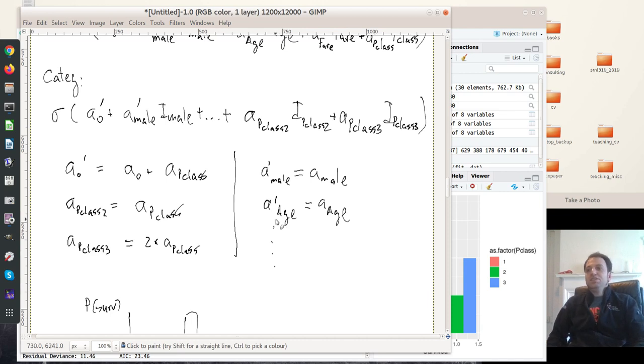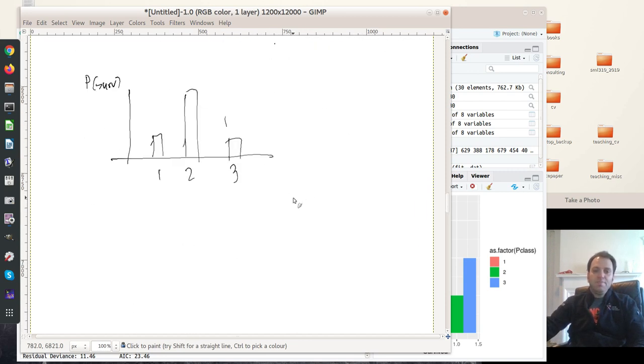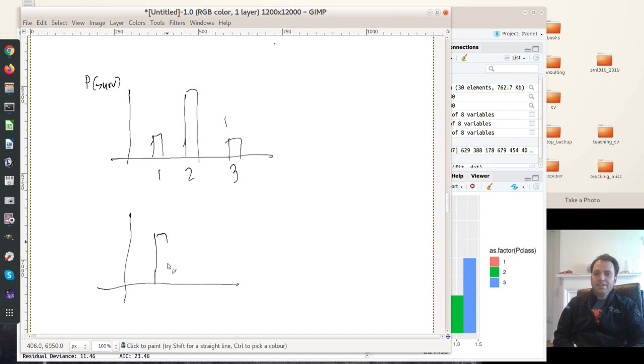Now, does that mean that you should always use the categorical version of a variable? No, it does not mean that. Why is that? Well, because it might be that when you're using the categorical version of the variable, you're just overfitting. So how could that happen? Imagine a situation, and that's actually true on the Titanic, that the probability of survival for the whole set, meaning for the population, is actually like this, or something like this.